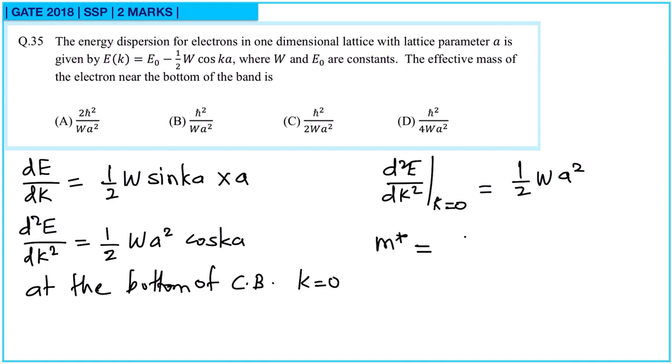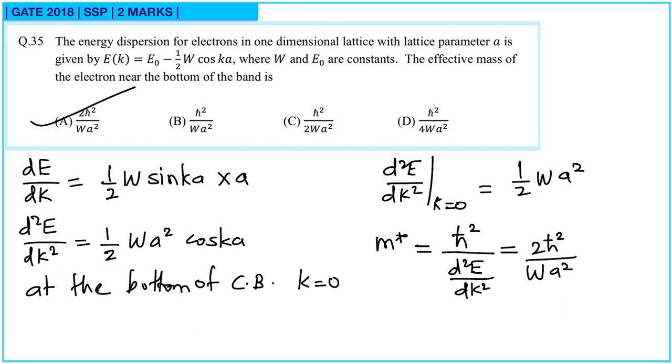And effective mass m star is equal to h cut square upon d²E by dk², and that will be equal to 2 h cut square upon omega a square. So option A is correct.